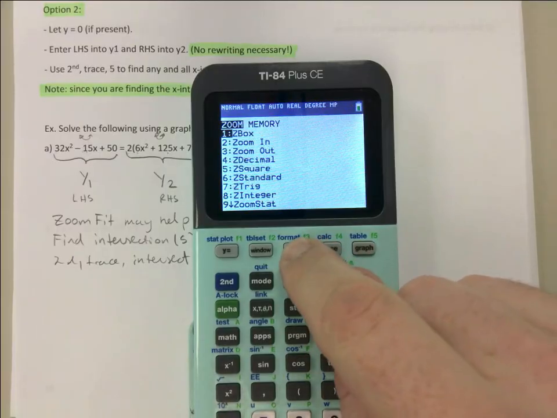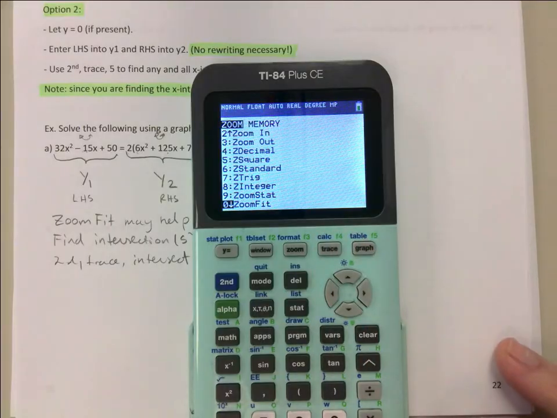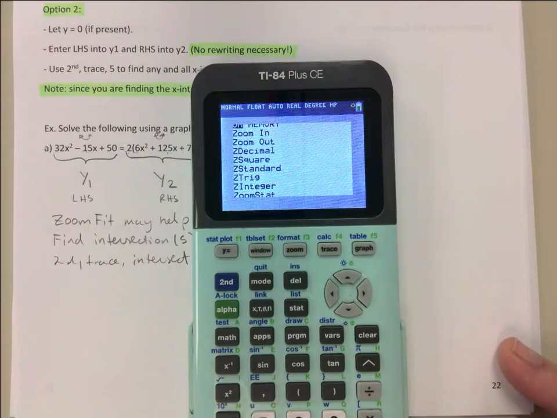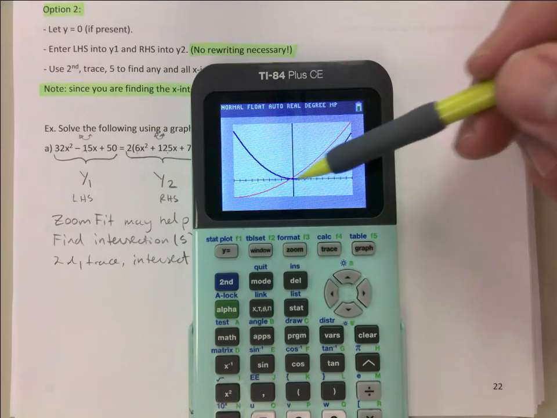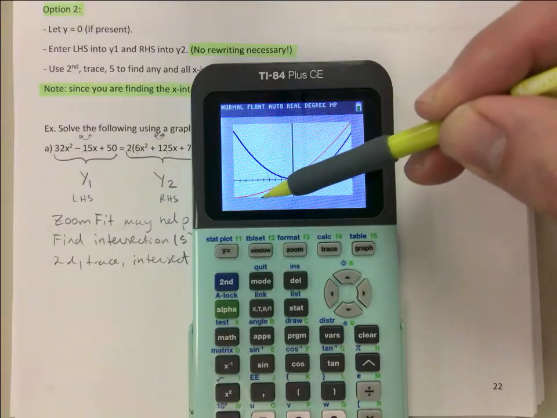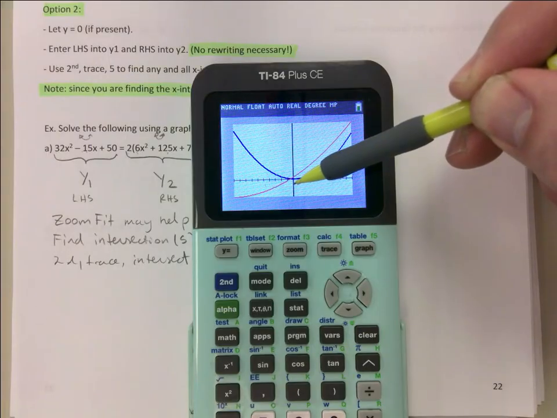So we're going to try zoom, and I'm going to try zoom fit. Zoom fit usually does a pretty good job. Let's see if we can make this work or see most of it. There's one, there's another. So there's the blue one and the red one. It's crossing there, so we can find one intersection already.